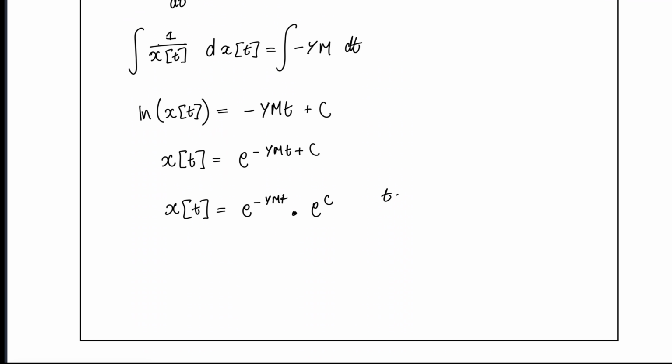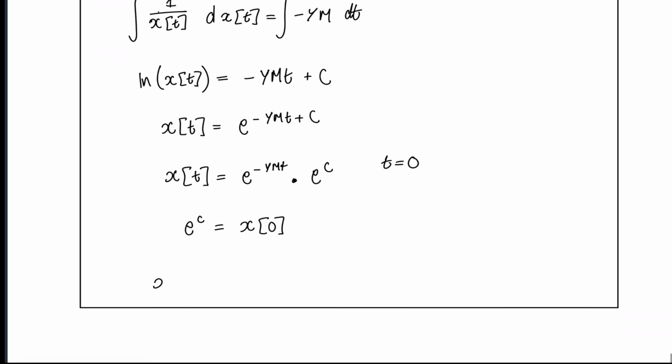We now substitute t is equal to 0, because that is our starting point. We are left behind with e to the power of c is equal to x0. So finally we can write x(t), which is a function of t, is equal to e to the power of minus gamma M t multiplied by x0.